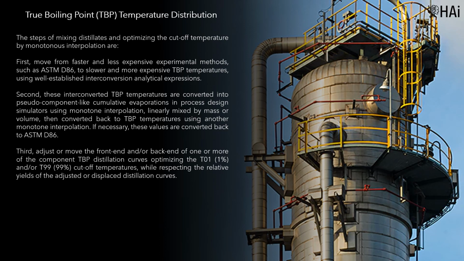If necessary, these values are converted back to ASTM-D86. Third, adjust or move the front end and/or back end of one or more of the component TBP distillation curves, optimizing the TO1, 1%, and/or T99, 99%, cutoff temperatures, while respecting the relative yields of the adjusted or displaced distillation curves.